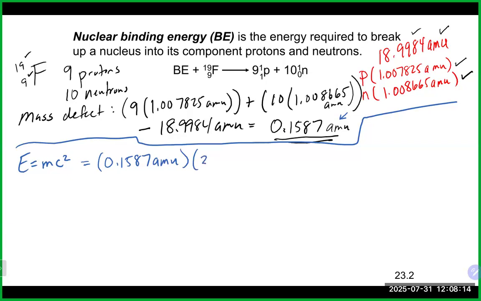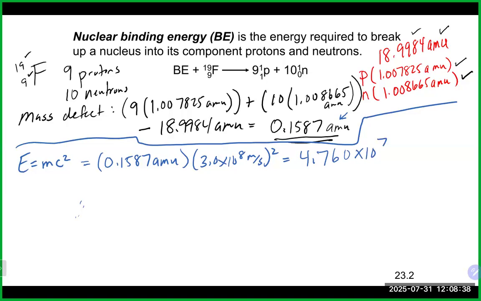We'll use our speed of light, which is 3 times 10 to the 8 meters per second, squared. I'm not going to use a rounded number on my calculator here, and that's going to get me 4.760 times 10 to the 7.